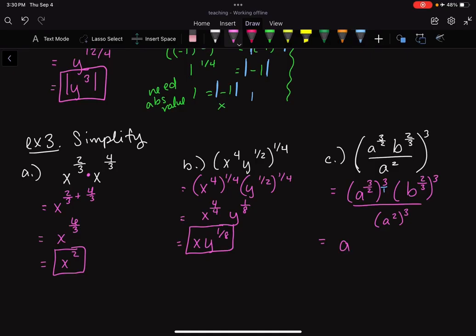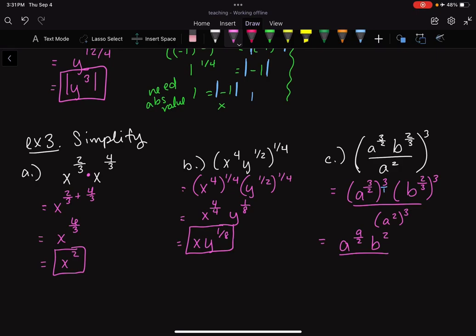So when I multiply across, it's going to be 9 over 2. b to the power of 2 over 3 times 3 is just going to be 2. If you're having trouble with the fractions and doing arithmetic with fractions, that's really a prerequisite topic that you might want to look up.